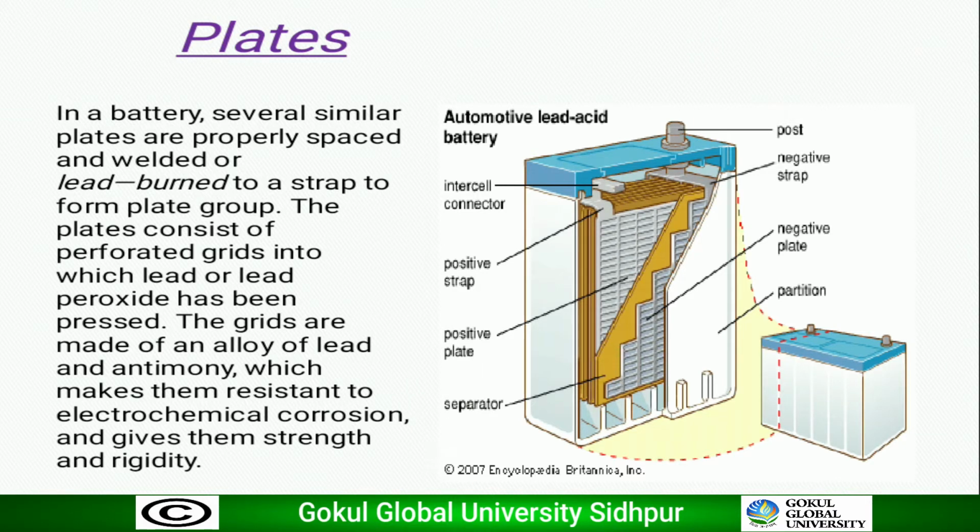The grids are made of an alloy of lead and antimony, which makes them resistant to electrochemical corrosion and gives them strength and rigidity.